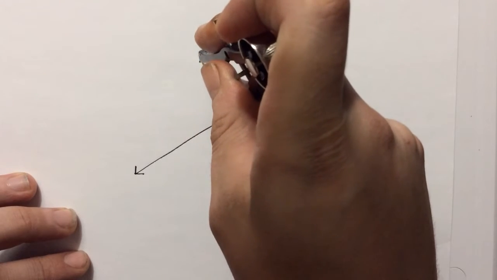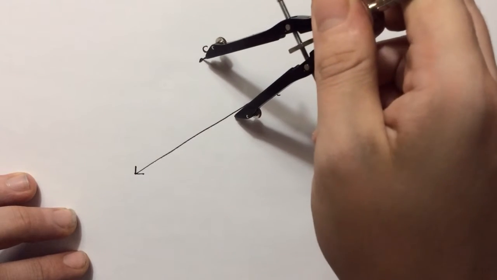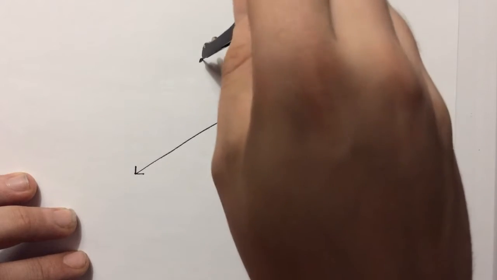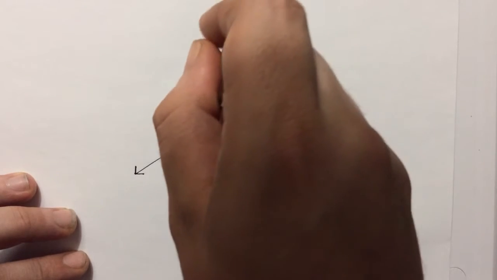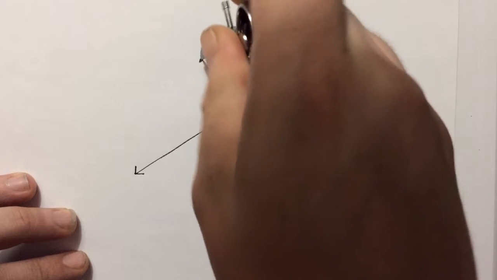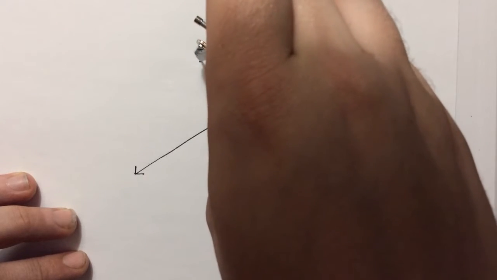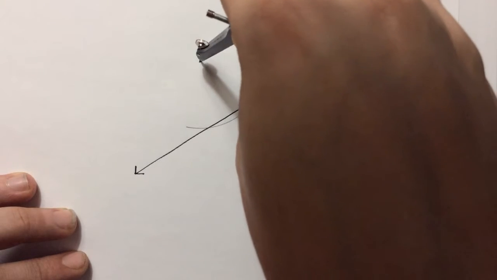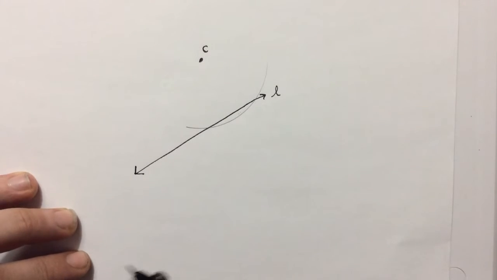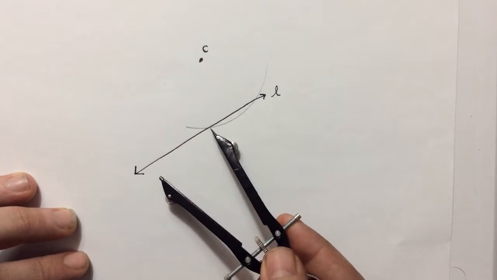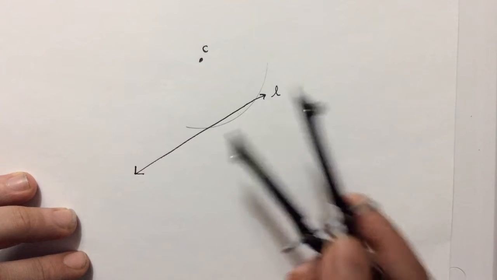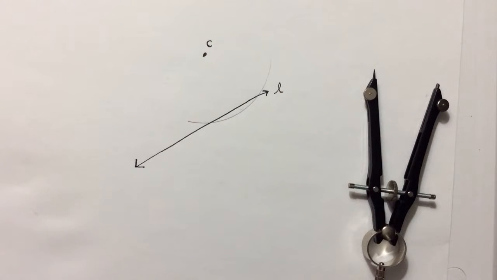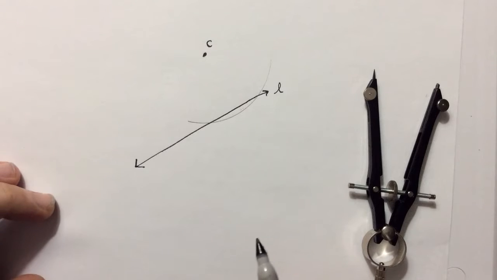As long as the radius of the circle is farther than the distance between the point and the line, that will suffice, though a longer one makes it easier. My point C is kind of close to the end of my line, so I'm a little restricted so that both of my points go through. So there we go. I've got a new point of intersection here and a new point of intersection here, which I'm going to draw.